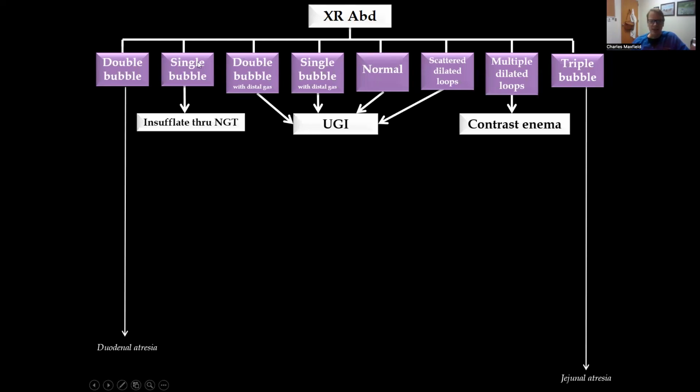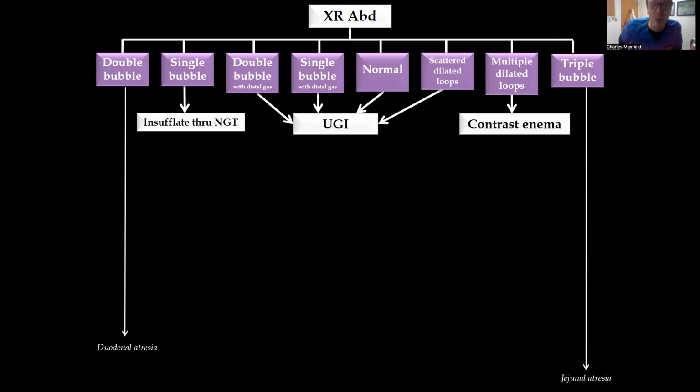The last of the 8 patterns is this single bubble. And again, I'm going to show you that in a second. That doesn't really require any contrast. I don't really trust a single bubble, for reasons I'll explain. When I see just a single bubble of air where the stomach should be, I would think, well, I know a double bubble is duodenal atresia, right? And a triple bubble is jejunal atresia.